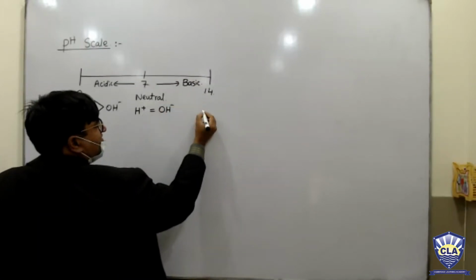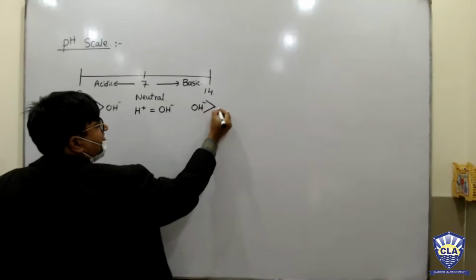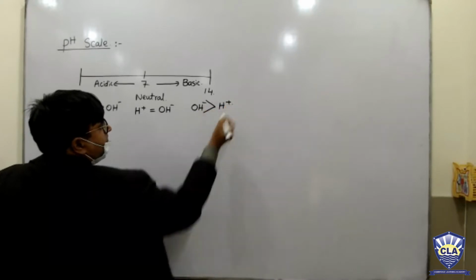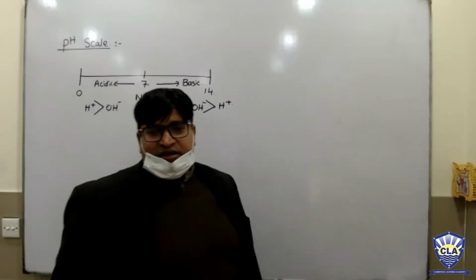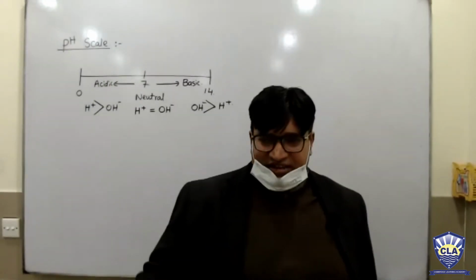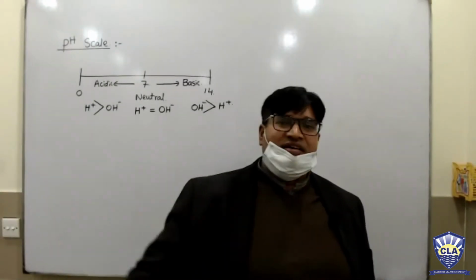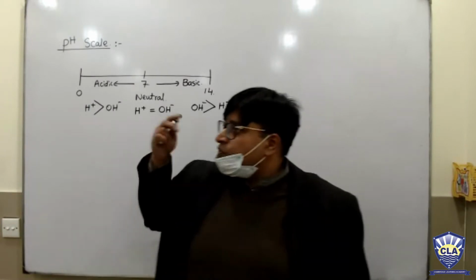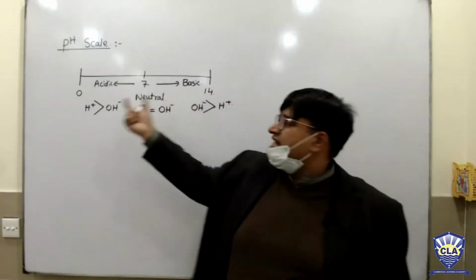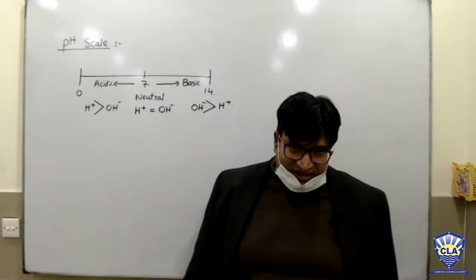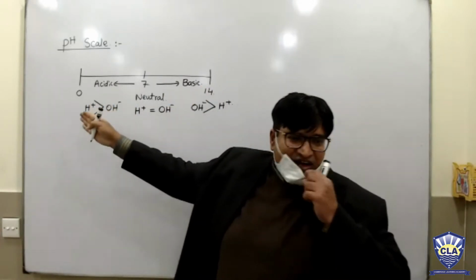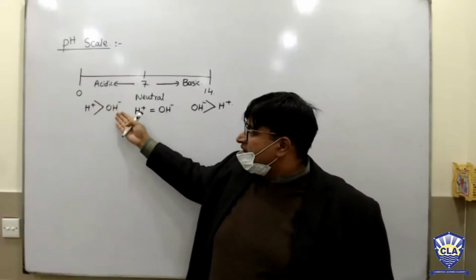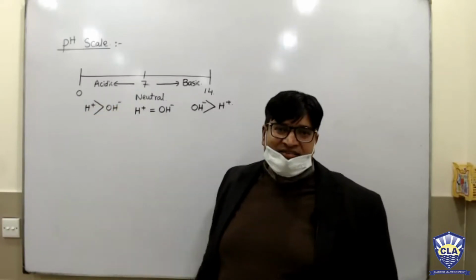So in bases, what would happen? The concentration of OH minus is greater than the H positive ions. Remember, my dear, whether it is an acid or a base, both contain H positive and OH minus ions. In case of an acid, the amount of H positive ion is greater and the amount of OH negative ion is less.